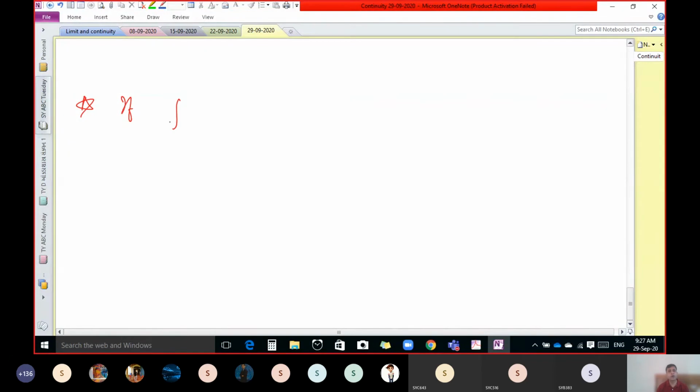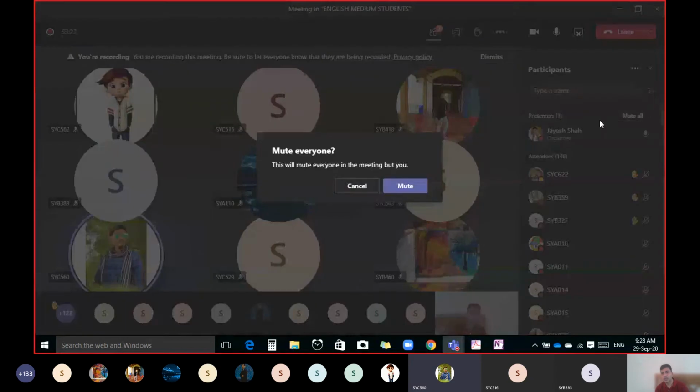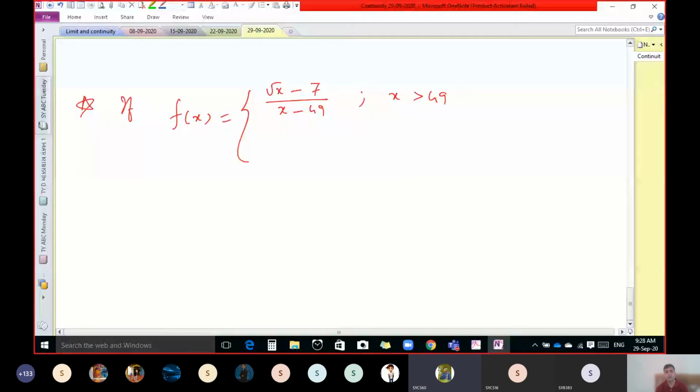Let us take one more example. If f of x equal to root x minus 7 upon x minus 49 when x is greater than 49, next, x plus 7 when x equal to 49, and x square minus 5 upon x minus 7 when x less than 49.